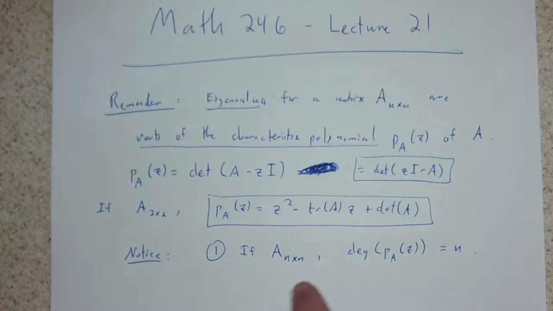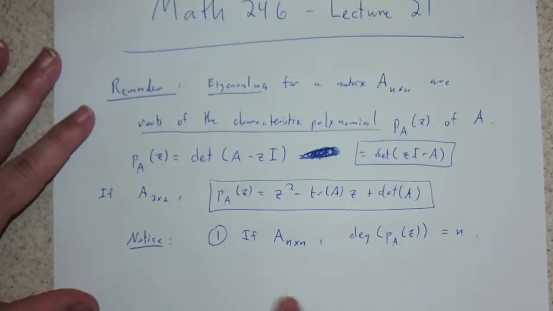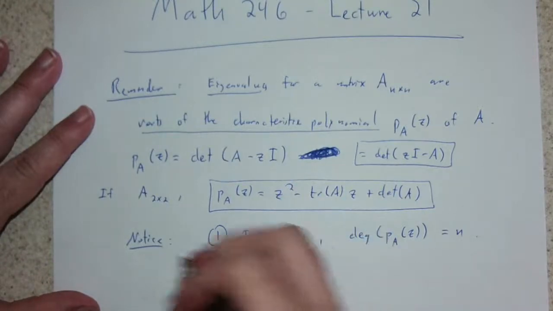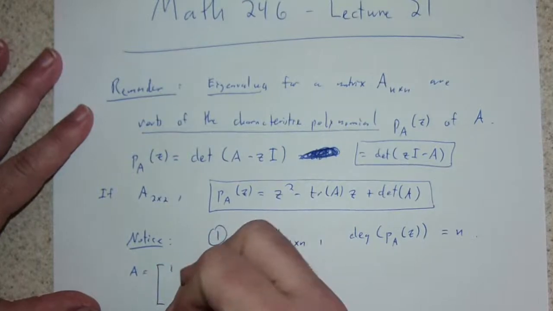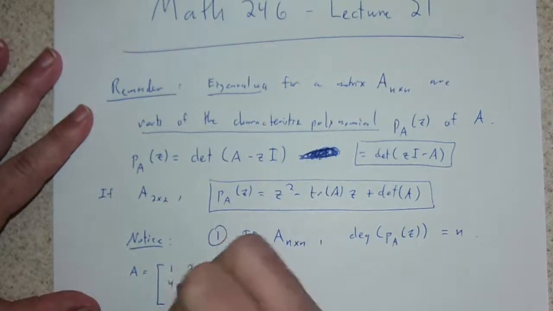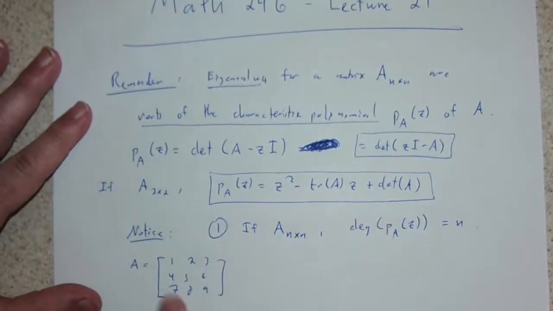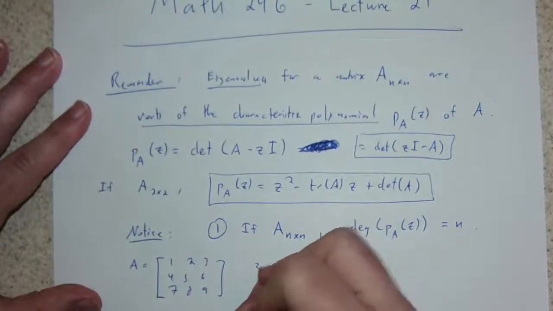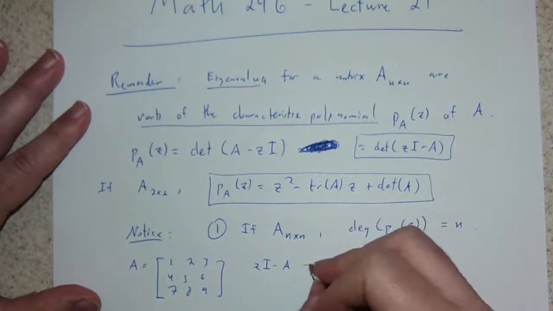Here's an example. I'm not going to even do it fully. Let's say A is the 3 by 3 matrix 1, 2, 3, 4, 5, 6, 7, 8, 9. Then zI minus A, what does that look like?